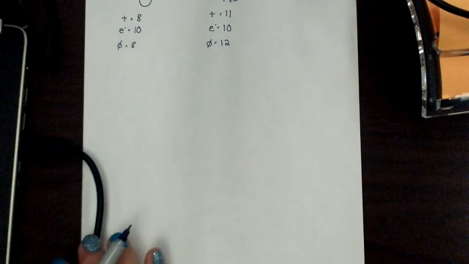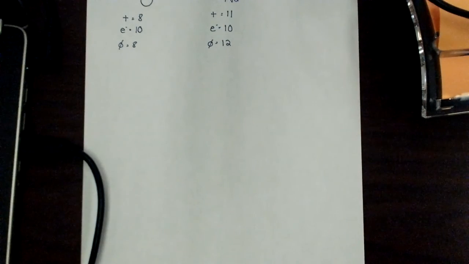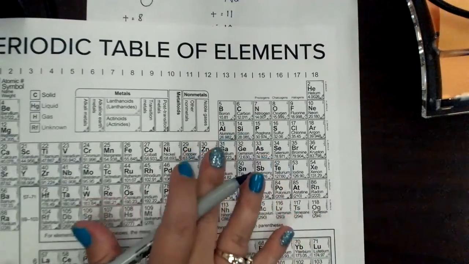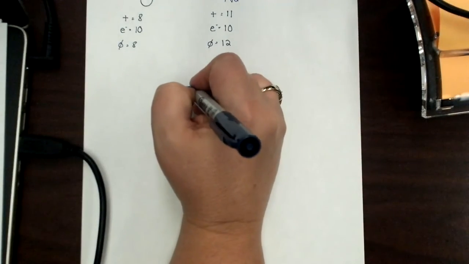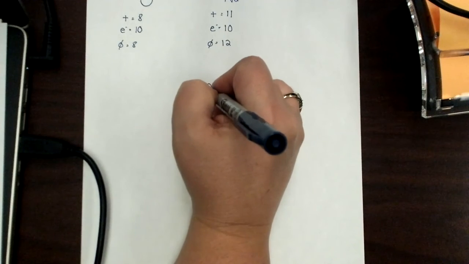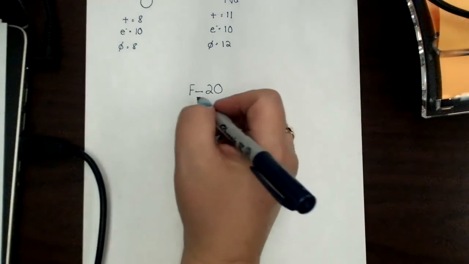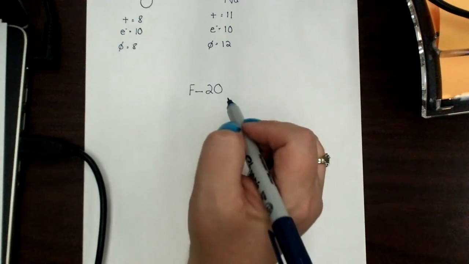The other thing that we learned were isotopes, and isotopes are where the mass number has changed. So in order to find an isotope, you're going to have to refer back to a periodic table, okay? So let's just say that I have fluorine-20. Now this does not mean that it has a -20. This big dash, big 20, tells me that this is the new mass number.